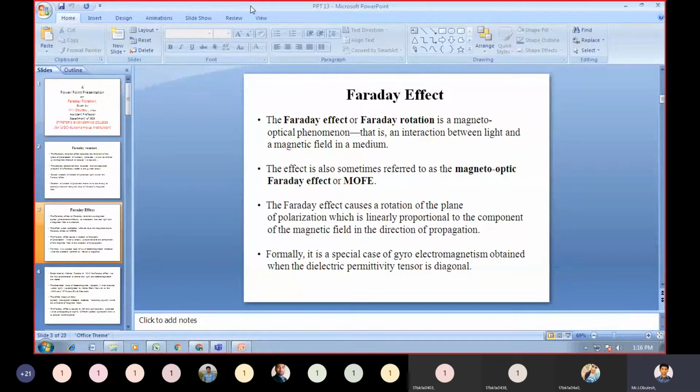The Faraday effect is an interaction between light and a magnetic field in a medium.